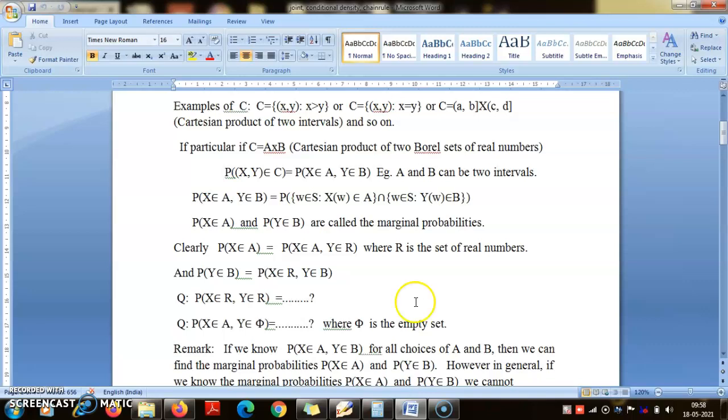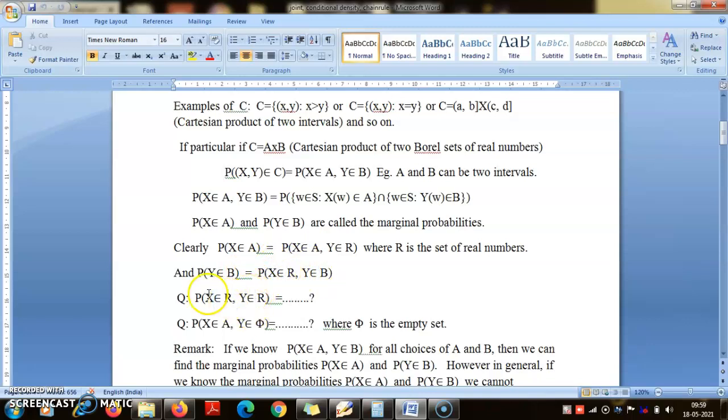So if you know the joint distribution, that is, if you know the probability of x in A, y in B for all choices of A and B, from there I can easily get the marginal probabilities. Simply I will take all values of y, and that becomes the probability of x in A. Similarly, the marginal probability of y in B is the joint probability where you are considering all possible values of x.